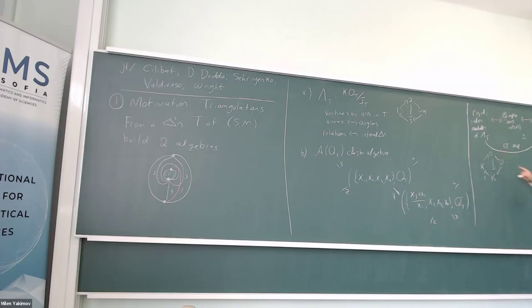Okay, so this would be on the side, and then the cluster variable would be, I can do math on the spot, it's very scary. X1 would be 4 plus 2. Let's see.